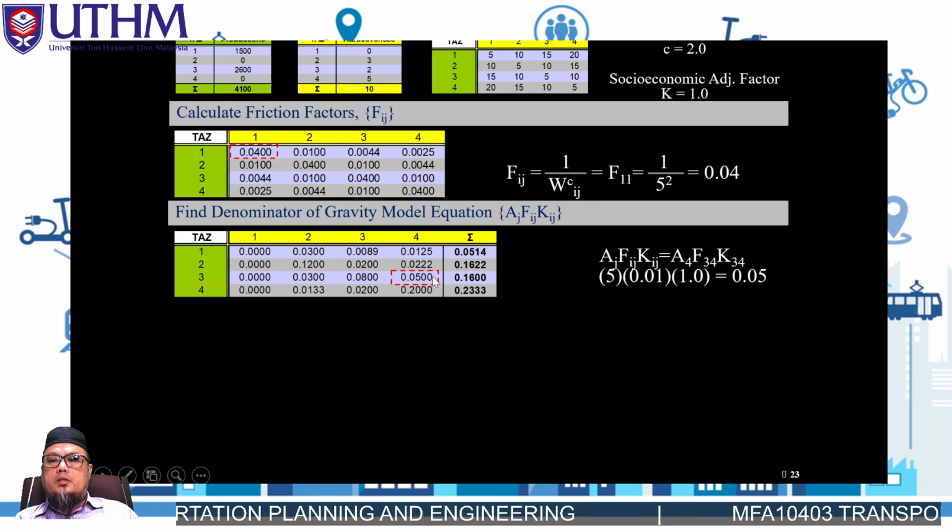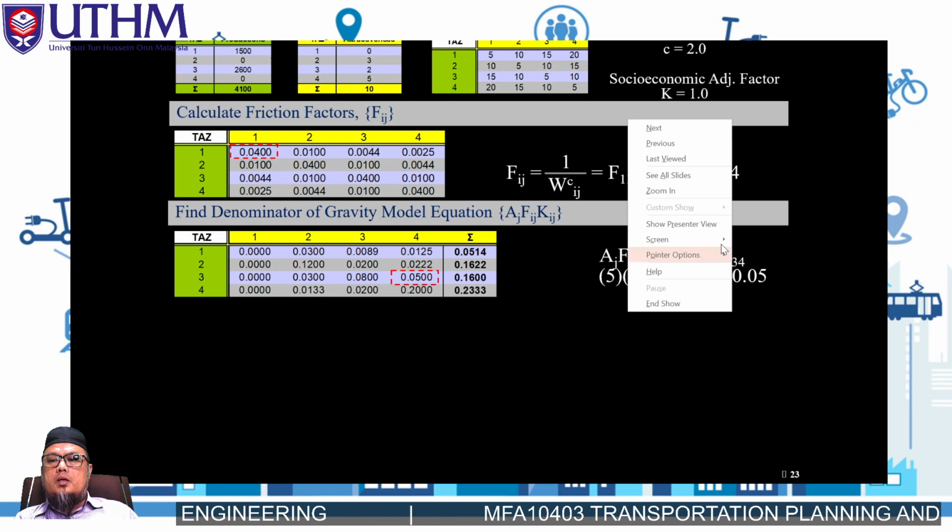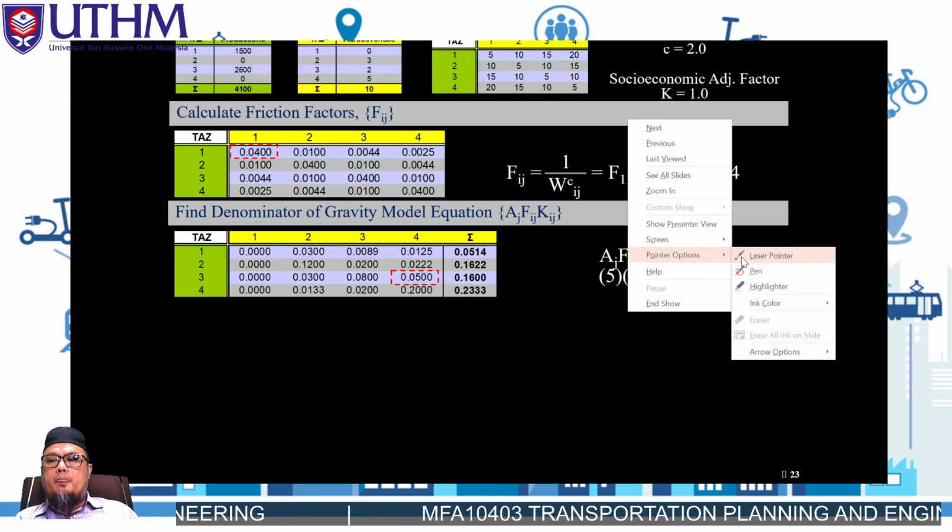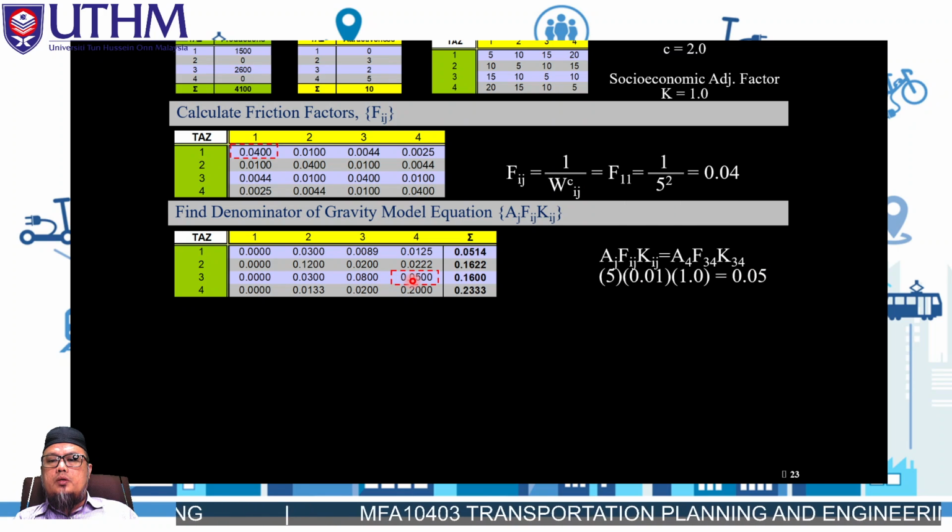Table 3 to 4, or 4 to 3. I can use the pointer. This value, 3, 4. First we refer to this table, which is attraction: 5, 4, 4, 4, 4, 5.